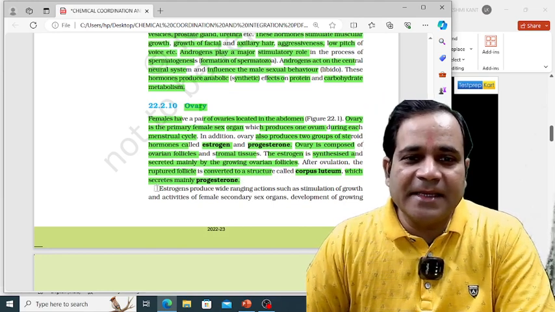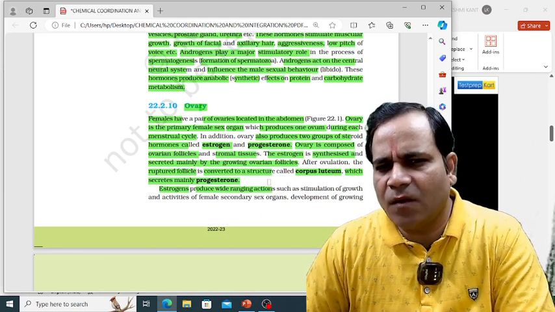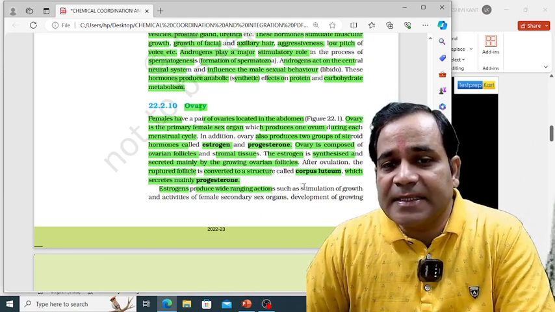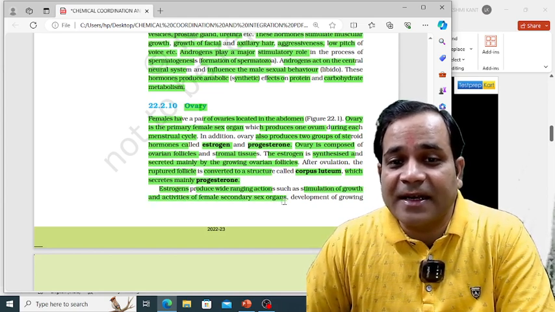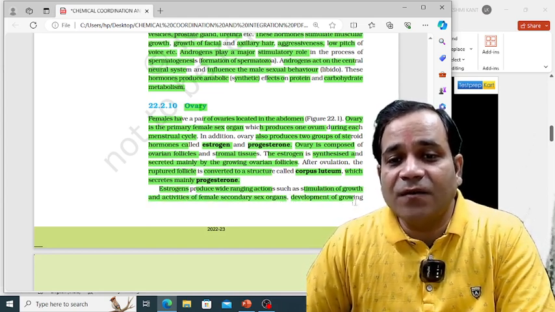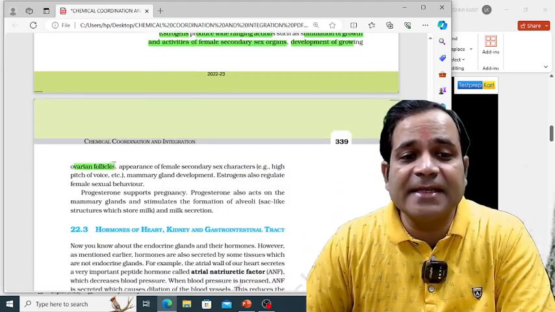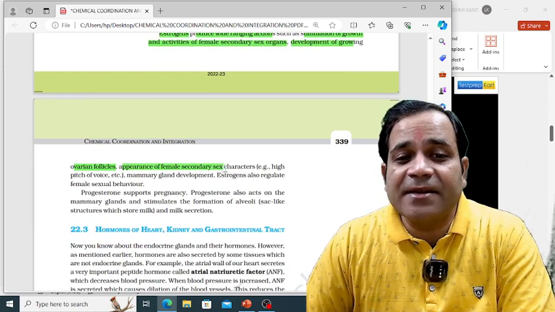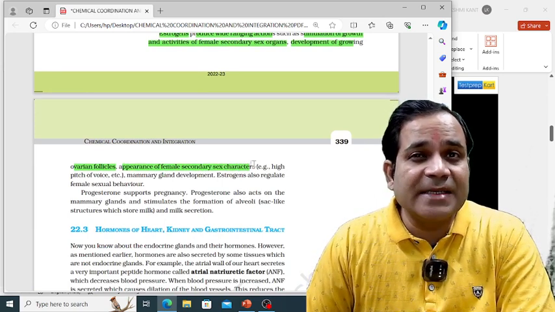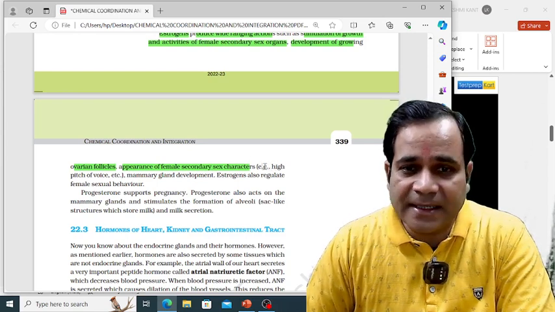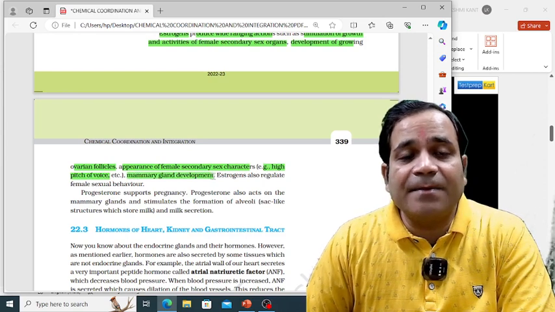Now see, estrogen produces wide ranging actions, such as stimulation of growth and activities of female secondary organs, development of growing ovarian follicles, and appearance of female secondary sexual characteristics, such as high pitch of voice and mammary gland development.